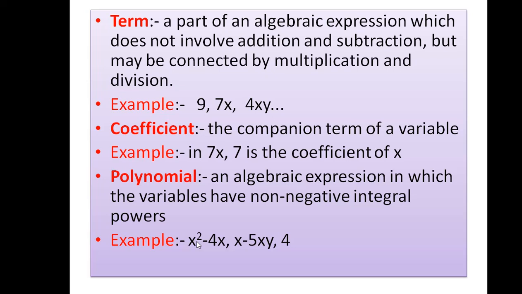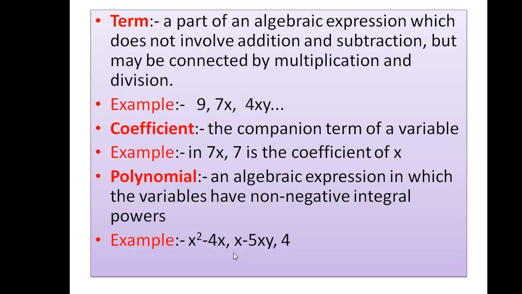In the example we can see x square minus 4x. x is a variable with a power of 2, and here 4 is a constant, x is a variable, and simply x means the power is 1. So it has non-negative integral powers, then it is called a polynomial.